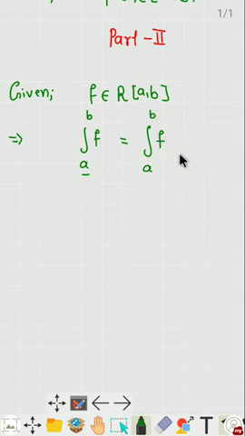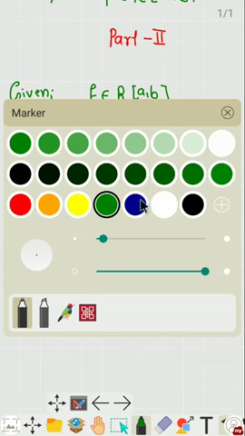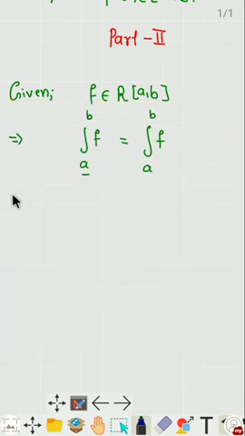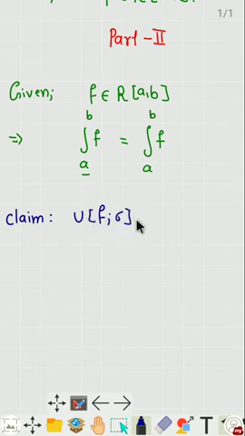Now our claim is to show that the upper sum of function f corresponding to subdivision sigma is less than the lower sum of function f corresponding to subdivision sigma plus epsilon, for some subdivision of the closed interval [a, b].